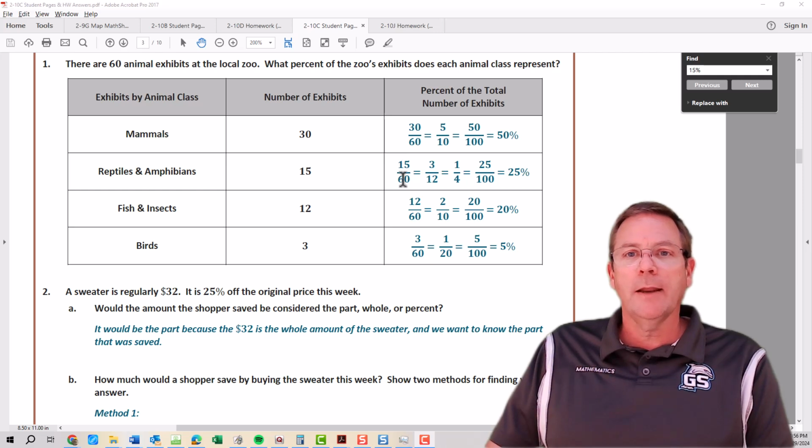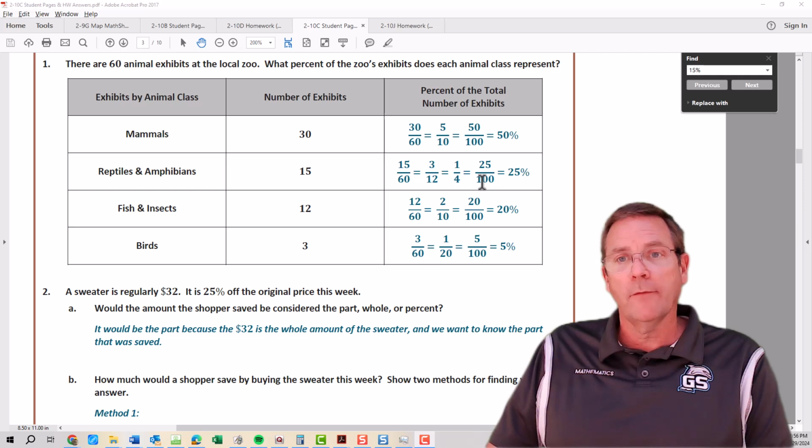For 15 out of 60, they divided top and bottom by 15 to get 3 to 12. Not quite there yet. Then they could divide both of those by 3 and get 1 fourth. Then they were able to multiply the 4 by 25, get to 100. 1 times 25 is 25, and that's 25%.